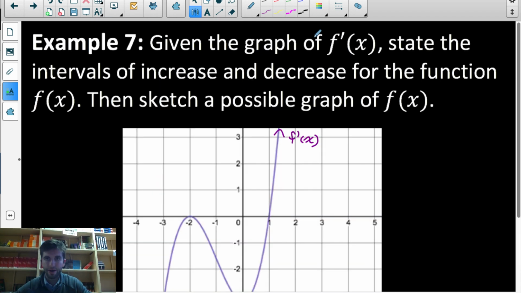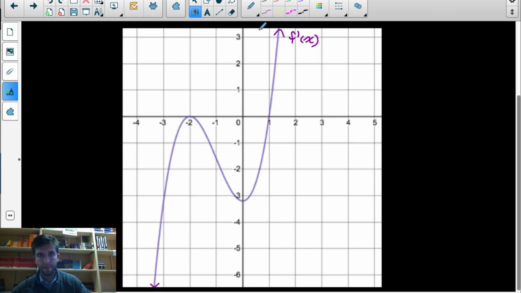Example 7. Given the graph of f prime of x, state the intervals of increase and decrease for the function, then sketch a possible graph of f of x. Now, the y values of the derivative are going to tell me whether the function is increasing or decreasing. So for f of x, it's increasing whenever the derivative is positive.